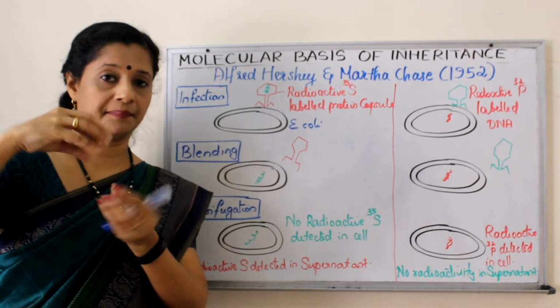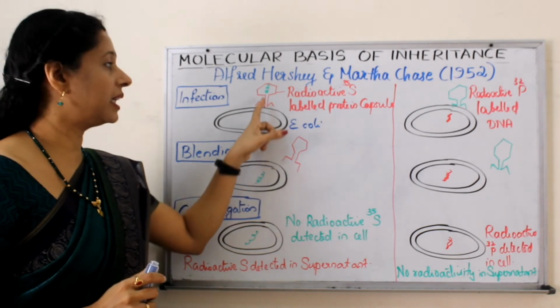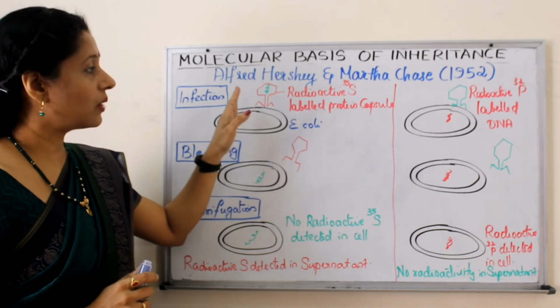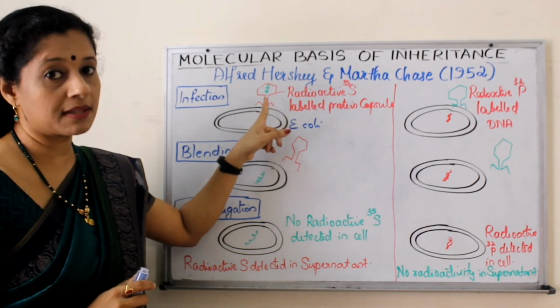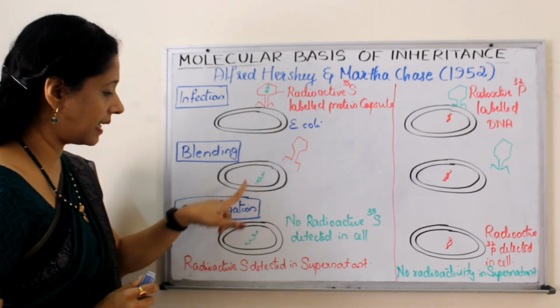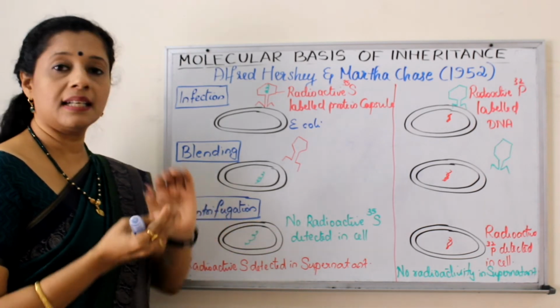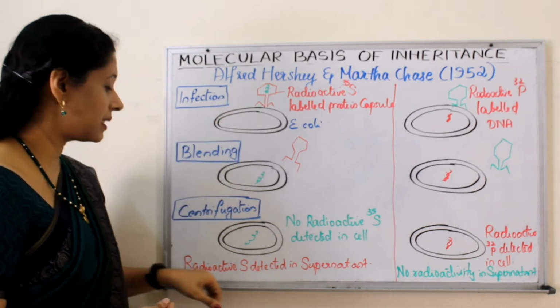So we now know that when the bacteriophage attacks the bacterium, only the DNA goes inside. In the first case, the coat was radioactive, having sulfur, but the DNA was normal. In this case, no radioactivity was seen in the cell; the pellet did not have any radioactivity, but the supernatant was radioactive.